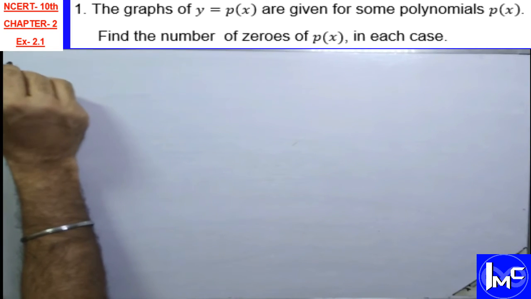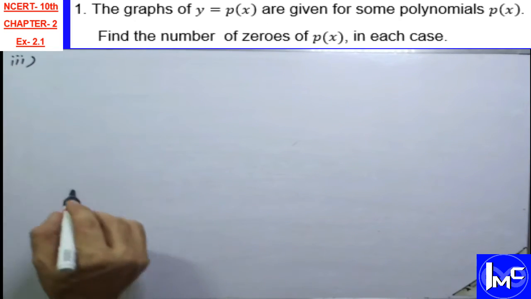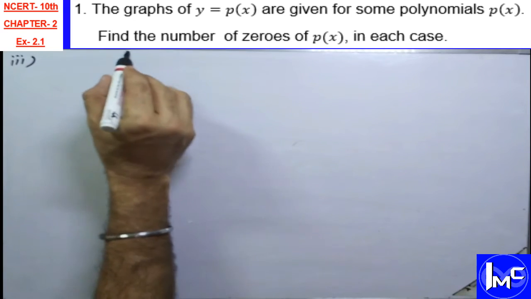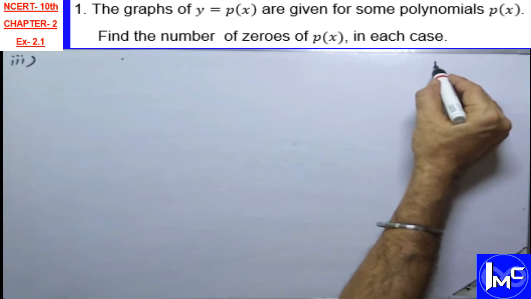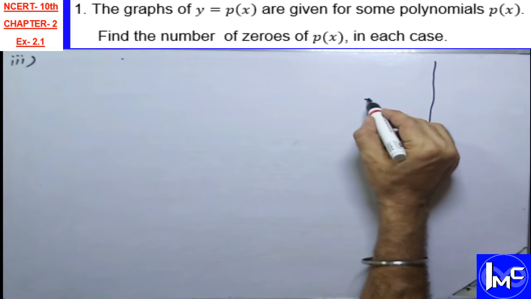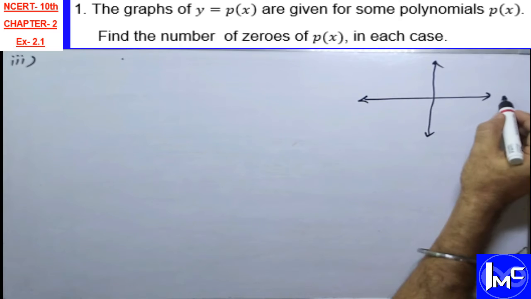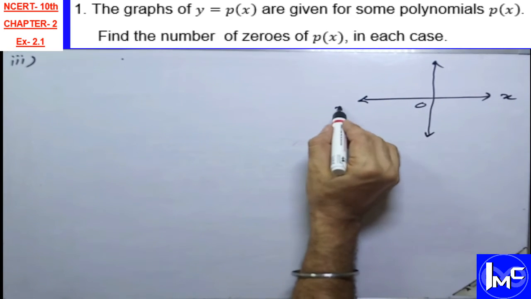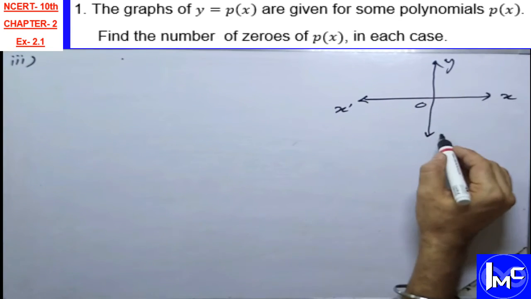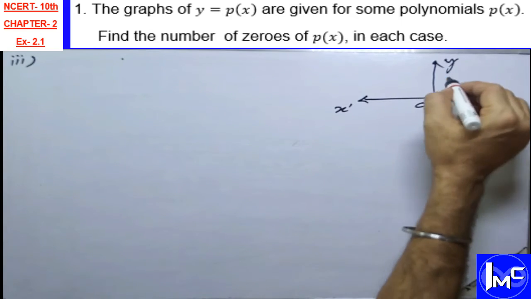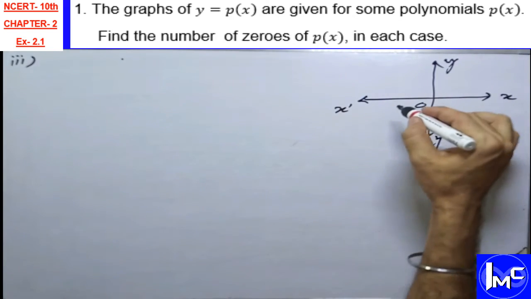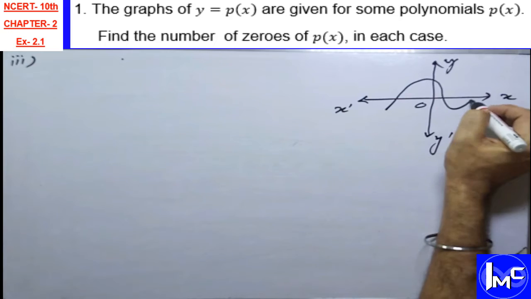Question number 3 is, this is a graph. X, O, X dash, Y, Y dash, and the graph is like this.